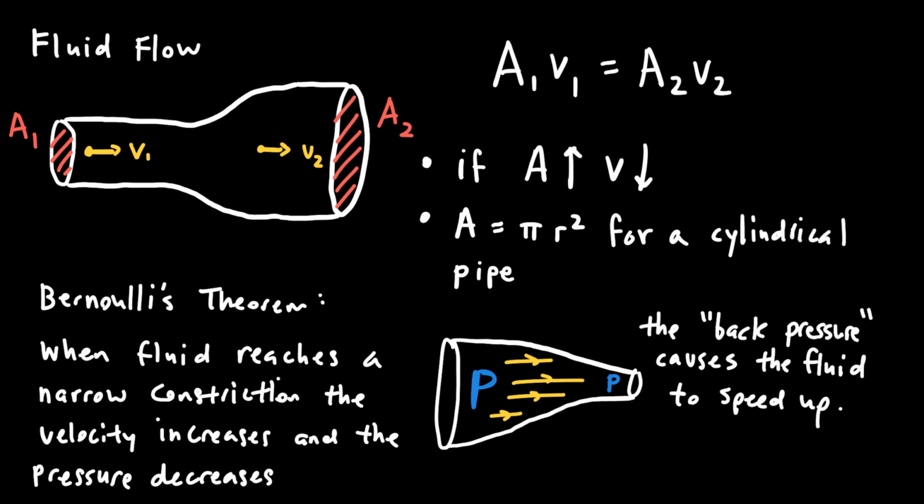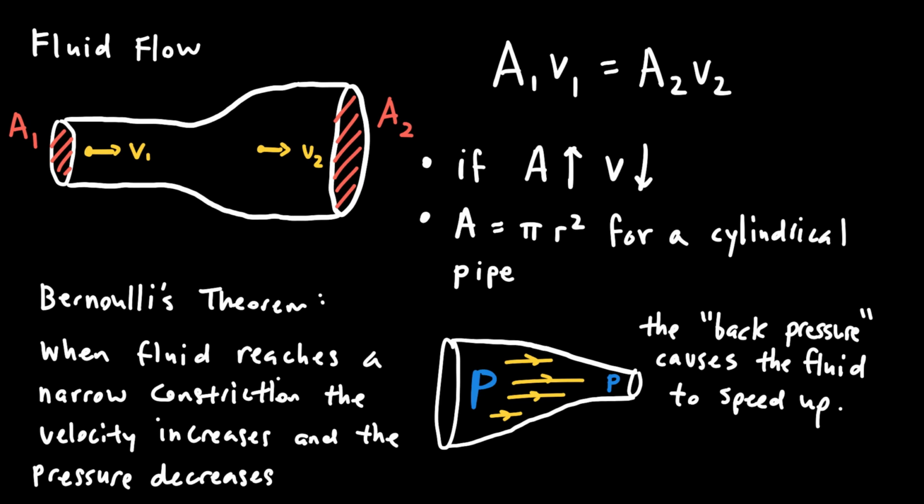So far we've been discussing mostly fluid statics, so fluids that are at rest. Fluid dynamics talks about fluid flow. If I have a fluid that's moving through a pipe like I have drawn on the top left, then the size of the pipe, the area of the pipe, could change. And we learned about something called the continuity equation.